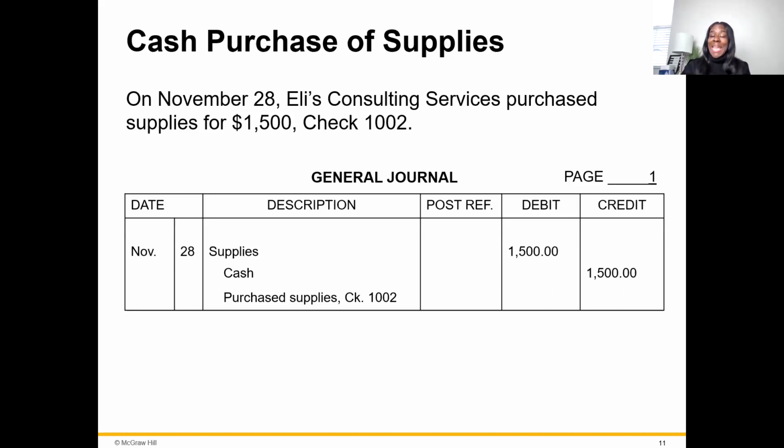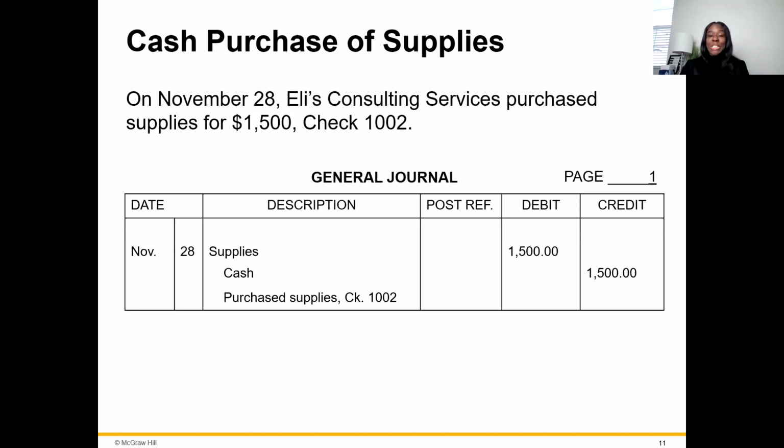A supply is an asset, and our asset is increasing. So anytime you have an asset and it increases, it's a debit. Anytime you have an asset and it decreases, it's a credit. That is the rule of balances within our accounting structure.